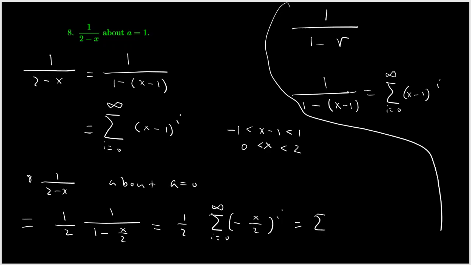The sum from 0 to infinity of negative 1 to the power of i, times 1/2 to the power of i, times x to the power of i. Multiplying the 1/2 in, the final answer is negative 1 to the power of i, times 1 over 2 to the power of i plus 1, times x to the power of i.